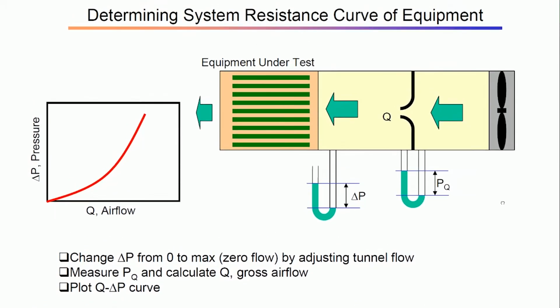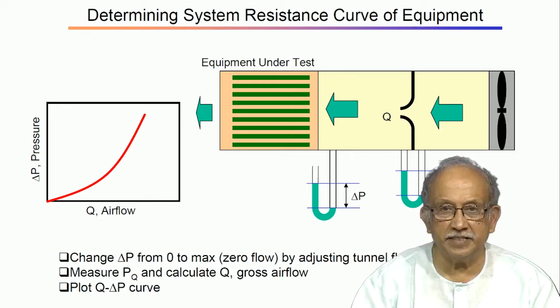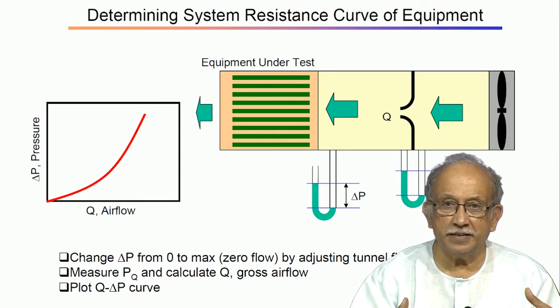Similarly, the much more important thing, and difficult for you to plot, is the equipment system resistance, which, if you ask me, even if you have measured it, is a little dicey, because very rarely can the final equipment be directly used here.